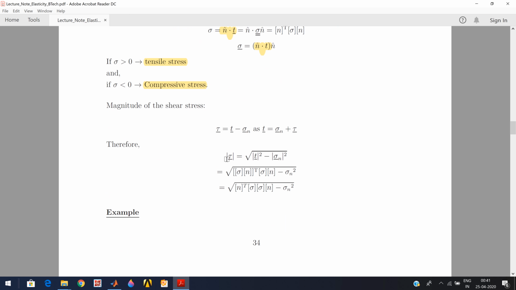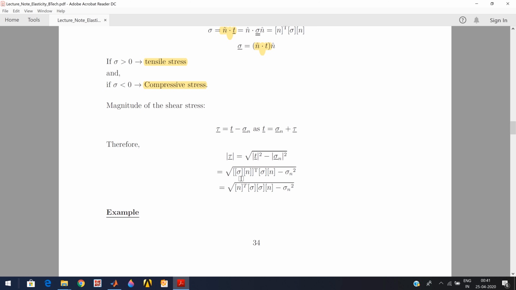And then if I want to find the magnitude, it is the traction vector square minus the normal stress square, and the square root of that. And this is t dot t minus sigma square. Sigma square we have already got, it is n dot t.